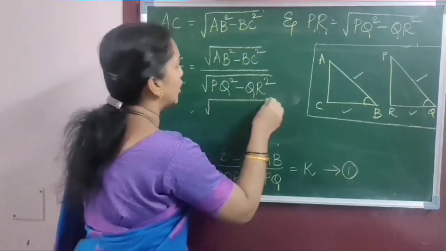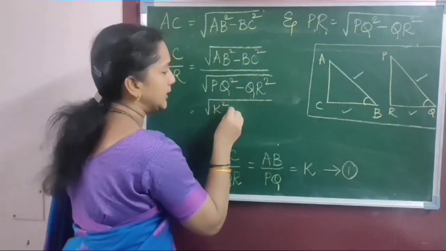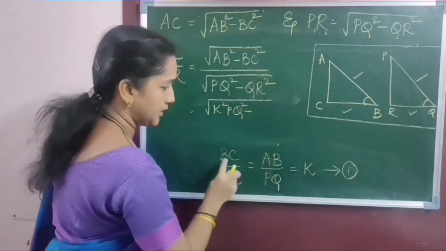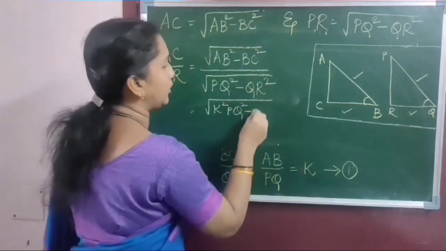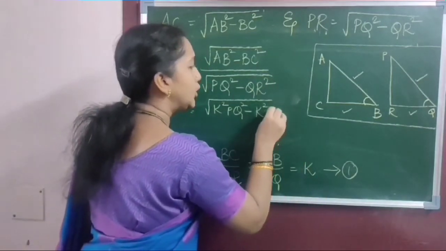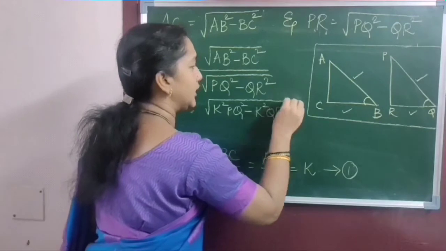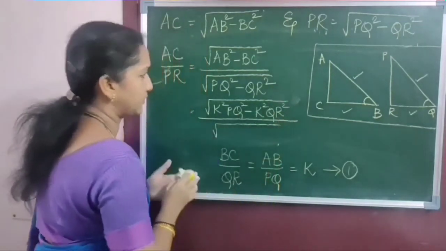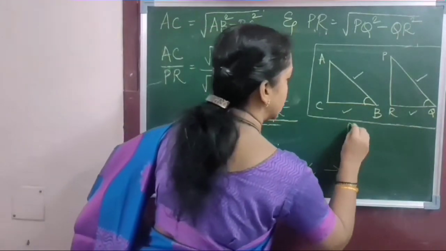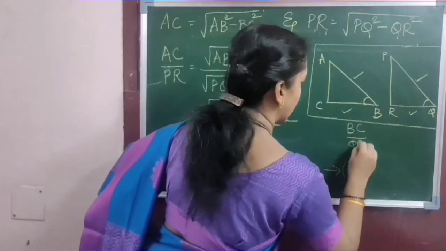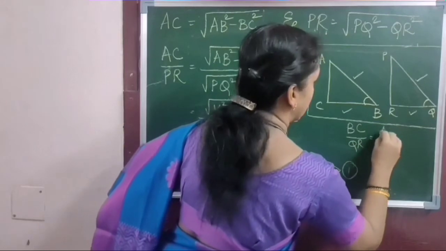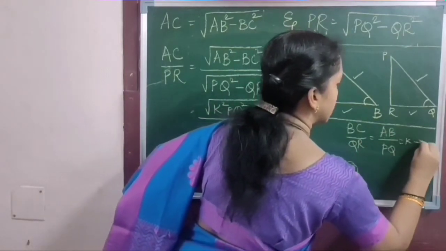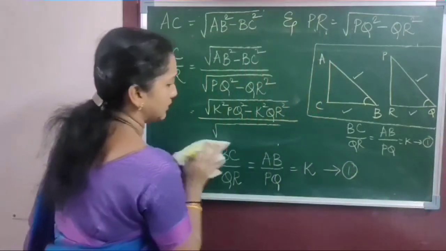So root of K squared PQ squared minus BC squared, where BC is equal to K into QR, so K squared QR squared. Here BC by QR is equal to AB by PQ is equal to K. So this we got as the first equation.